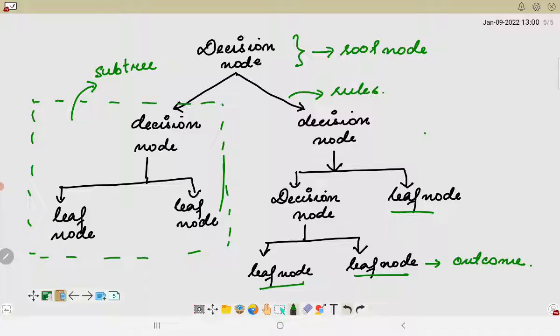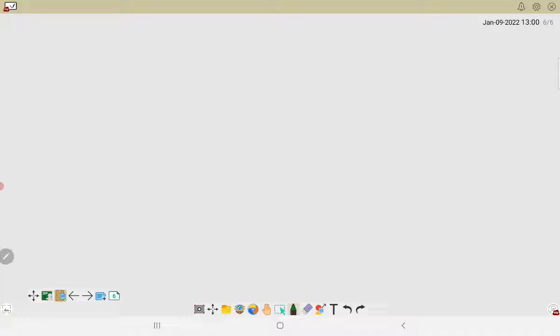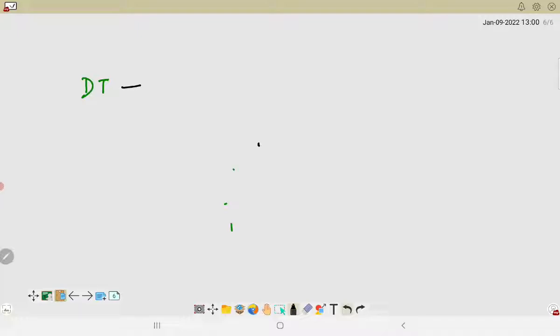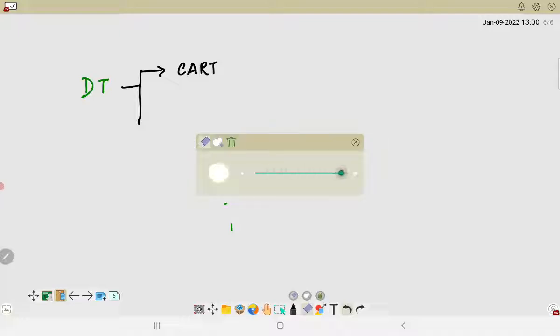Now talking about decision tree, in order to build a decision tree we can use, let us write it down as DT, a CART algorithm, which stands for classification and regression tree algorithm. We will not discuss this now.